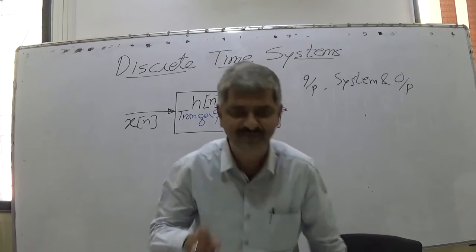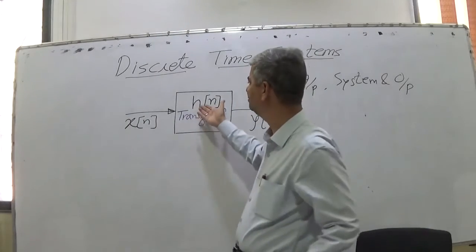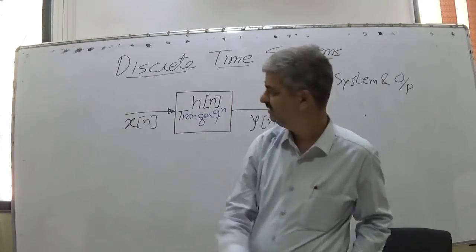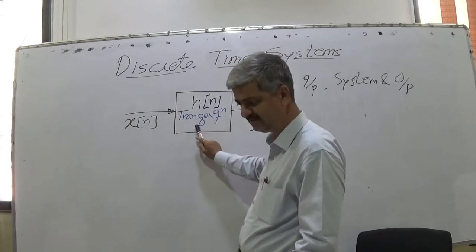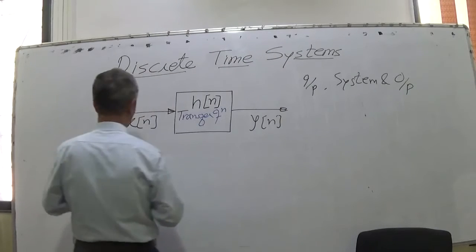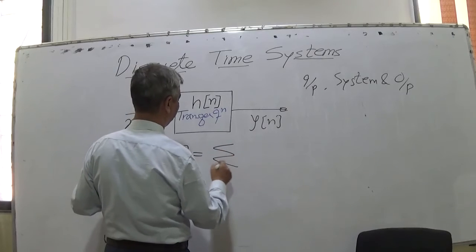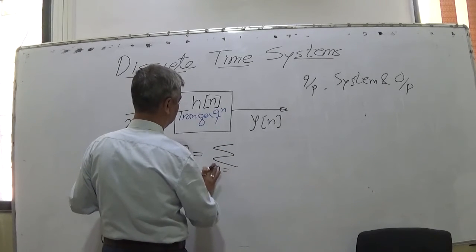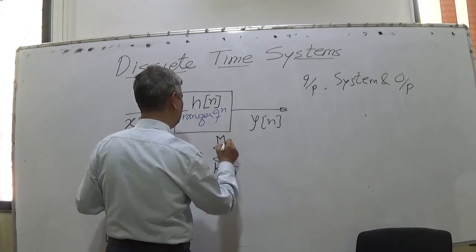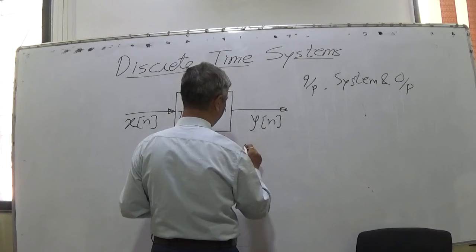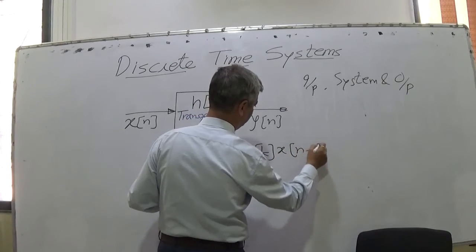So everything is digital, and in digital, when you want to change the system, just change the equation. x[n] is the input sequence, h[n] is the system sequence or system transfer function, y[n] is the output sequence, and y[n] is equal to the summation over k equal to 0 to m, where m can be finite or infinite, h[k] x[n-k].